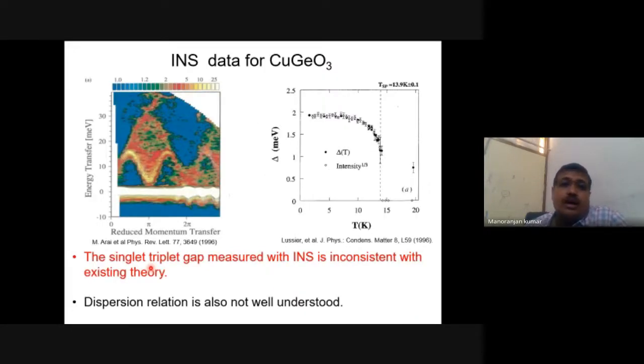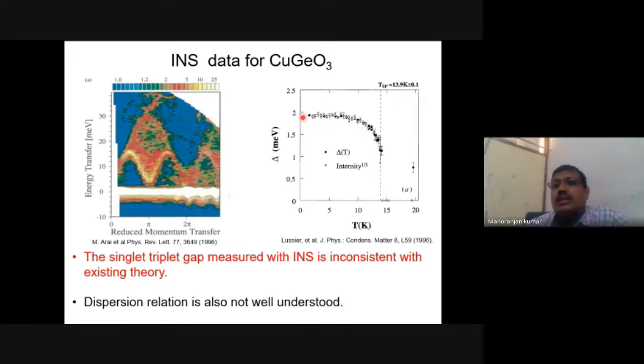Another signature of this is found in the inelastic neutron scattering data. You see the beautiful dispersion curve of this material, and here we show the singlet-triplet gap as a function of temperature.